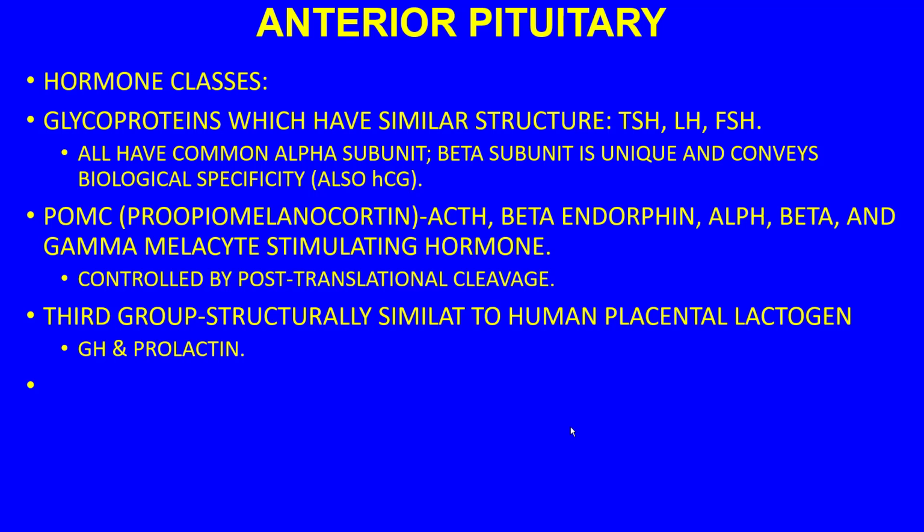In other words, the POMC is first made, and after translation occurs, then you have it chopped up into smaller pieces. Now, the third group, growth hormone and prolactin, interestingly enough, are structurally similar to human placental lactogen.